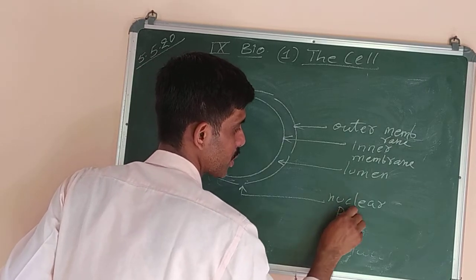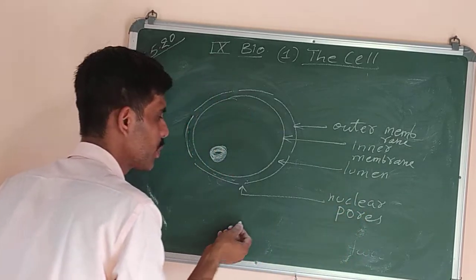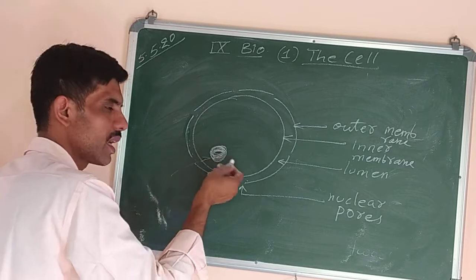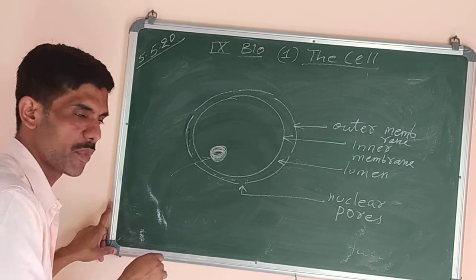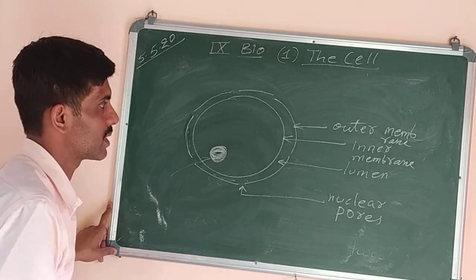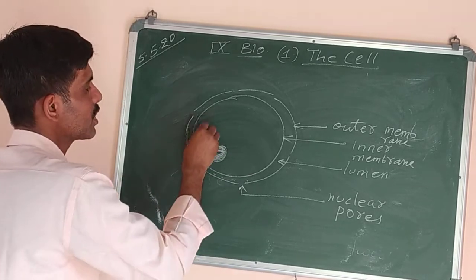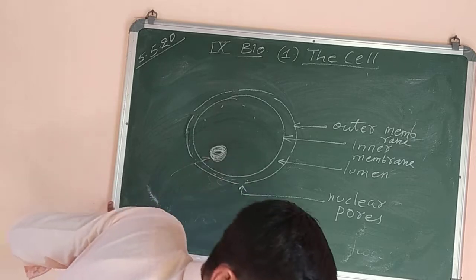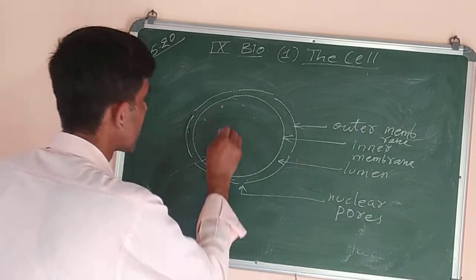Nuclear pores, P-O-R-E-S. These are tiny pores through which materials can go inside and come outside. Between the cytoplasm and the nucleus, diffusion of materials can take place. Understood? Then the nucleus is filled with fluid. I'll draw it.